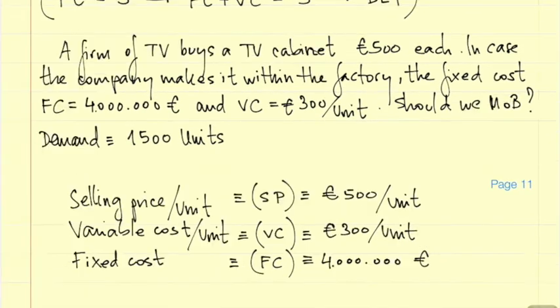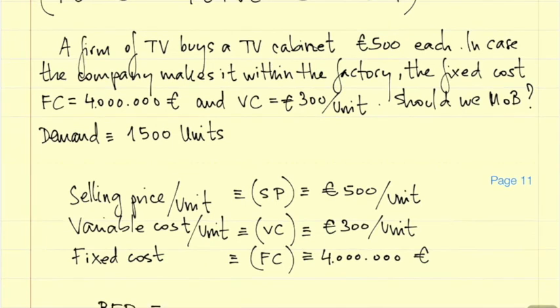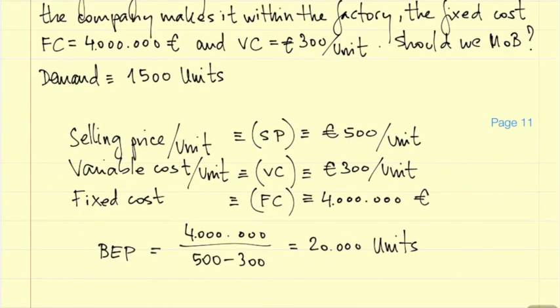So what is the BEP? 4 million divided by 500 minus 300 equals 20,000 units. Okay. Since the demand, what is the interpretation?